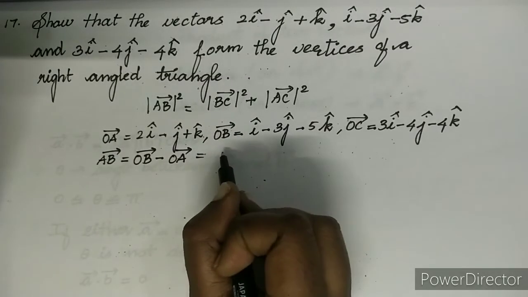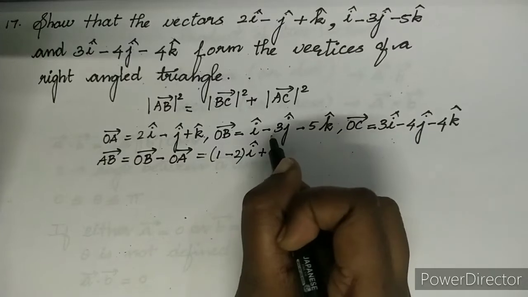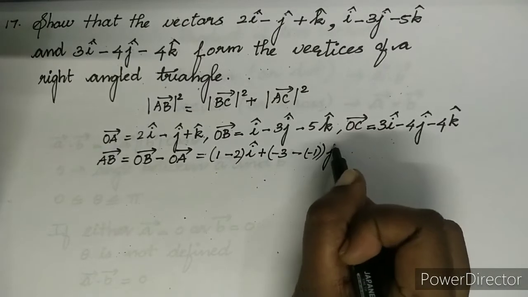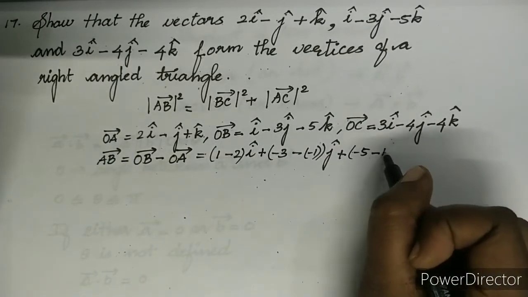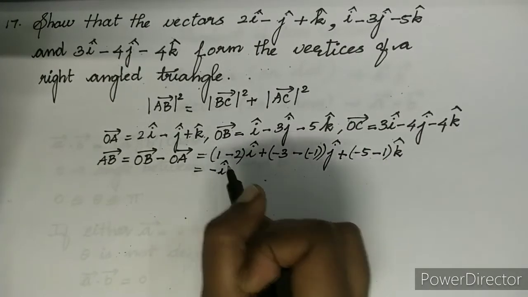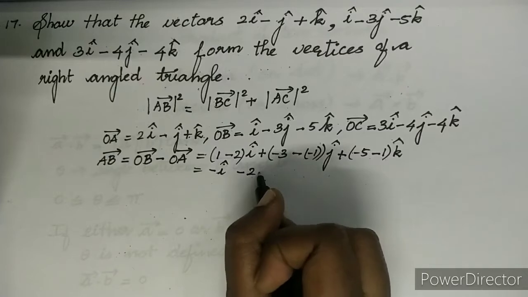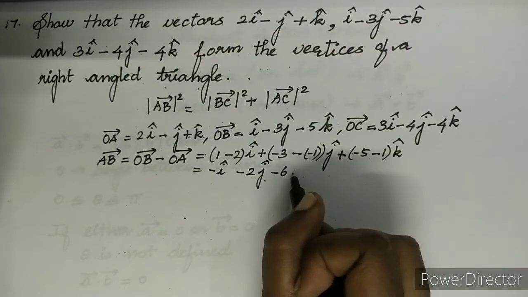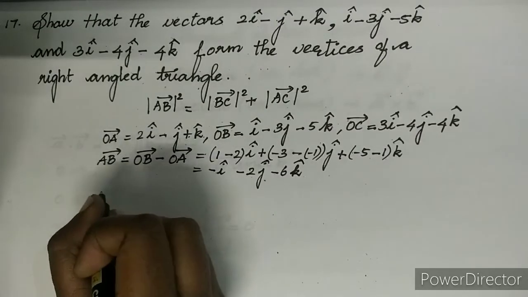So 1 minus 2 i cap plus minus 3 minus 1 j cap plus minus 5 minus 1 k cap. 1 minus 2 is minus 1, so minus i cap, minus 3 plus 1 is minus 2 j cap, minus 5 minus 1 is minus 6, so minus 6 k cap. And similarly we will find BC vector and AC vector.